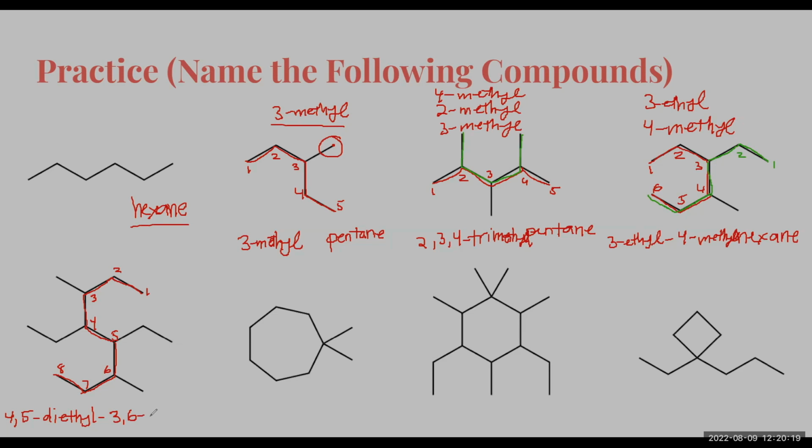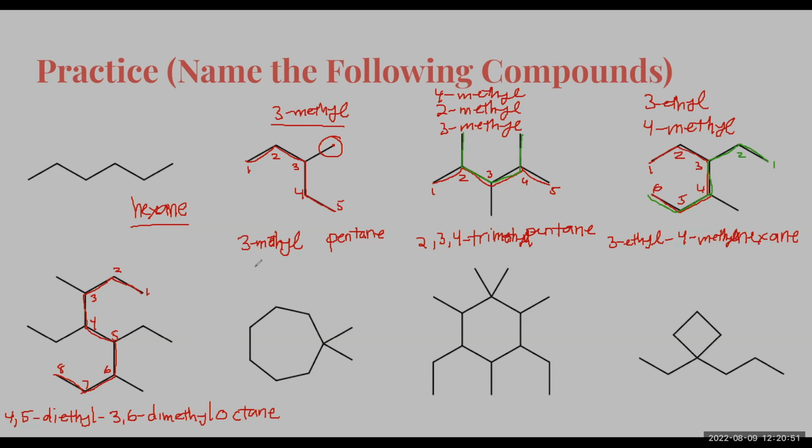And there's 2 of them, so I'm going to do 3,6-dimethyl. And then the parent chain, octane. And I don't need to worry about alphabetical because I just so happen to have written it in such a way that the ethyl comes before methyl. So it is already in alphabetical order.